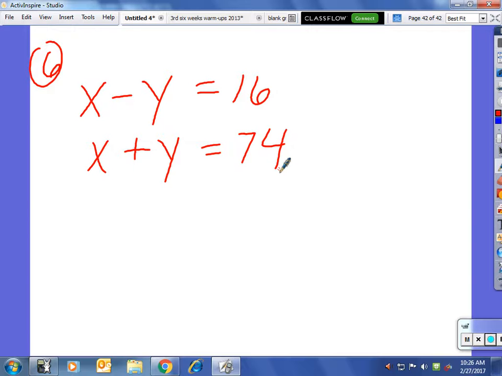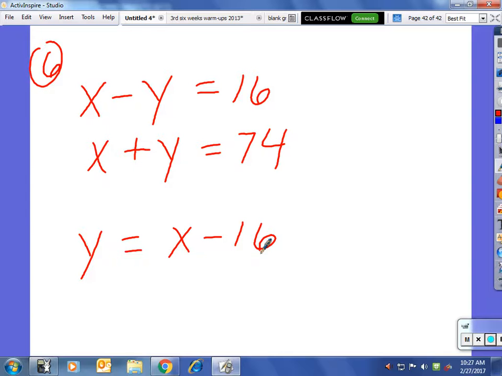Okay, again, on the top equation, I would just exchange the y and the 16. If some of you are having trouble with negatives, move the y to the other side, and then move the 16 back to be with the x. Who can tell me what that top equation becomes? Yes, y equals x minus 16.